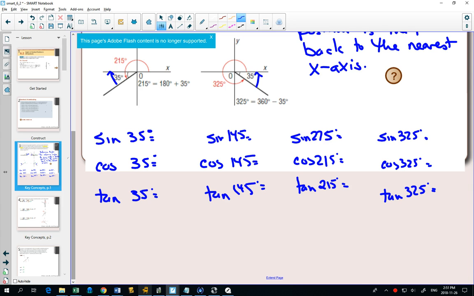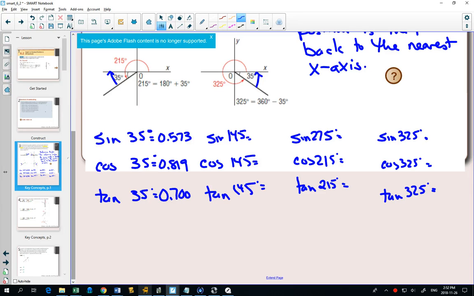Okay. Someone in row 1, what's sine of 35 degrees? 0.573. What's cos of 35 degrees? 0.819. You can write them down. And tan? 0.700.